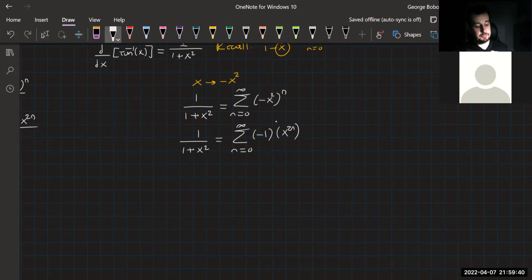But I'm not done yet. This is the derivative of the function I'm interested in. So if I want the actual function, I need to do what? What do I need to do to all of these?